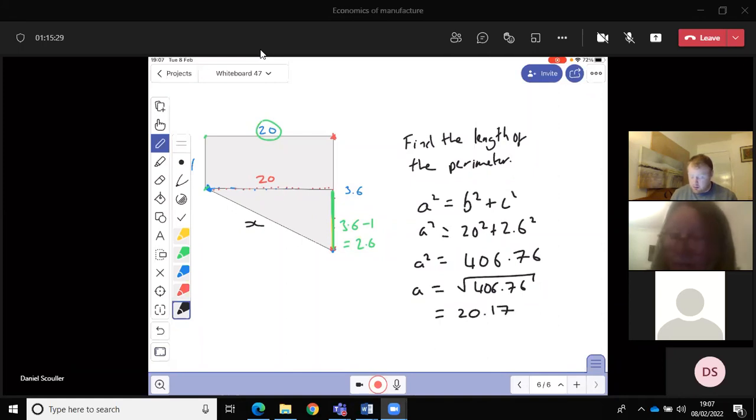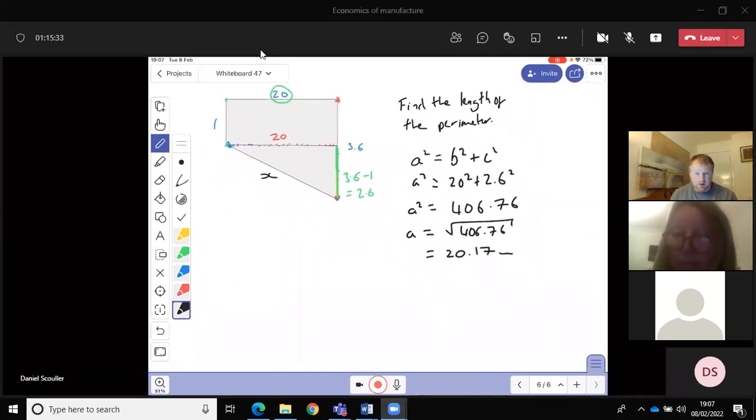And that could be centimeters, meters, whatever. Now that's not the end of the question. The end of the question is to find the full length of the perimeter. So you'd have to add that 20.17.